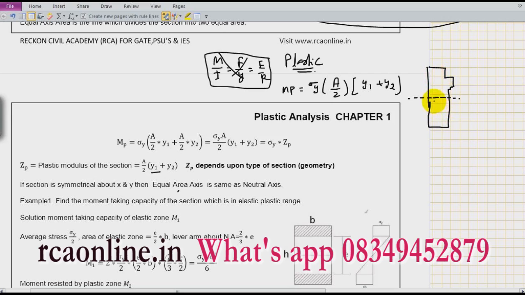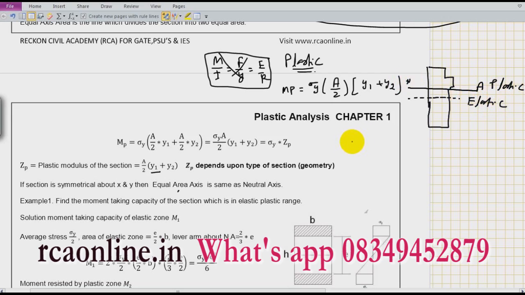Is it okay? So the neutral axis will shift in such a way that the area of the upper part is equal to the area of the lower part. So might be its neutral axis shifted here. So this is the neutral axis at plastic and this is elastic.